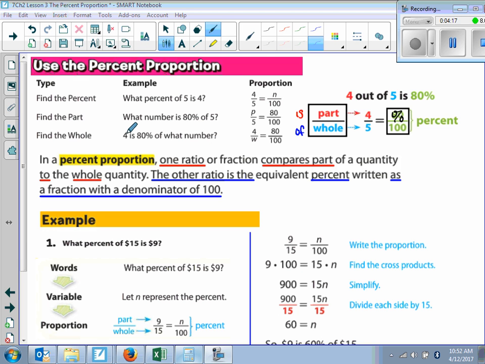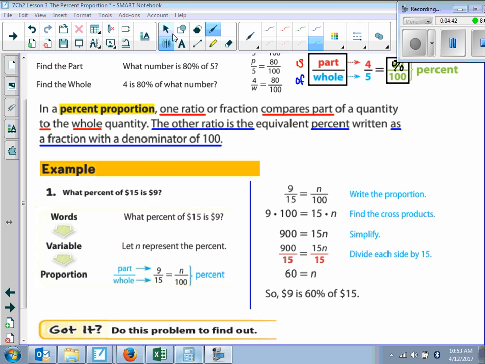Now, in a percent proportion, one ratio compares part to the whole. One ratio compares part to whole. The other ratio is the percent as a fraction with a denominator of 100. Please make sure you write that down.